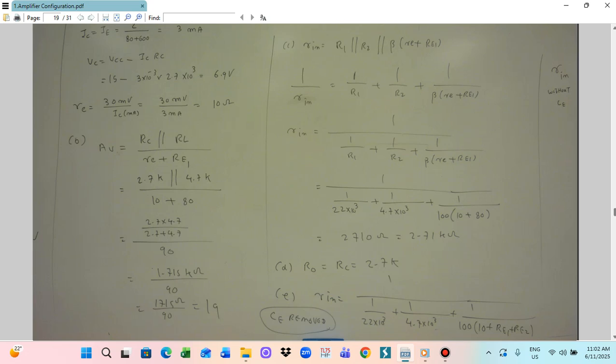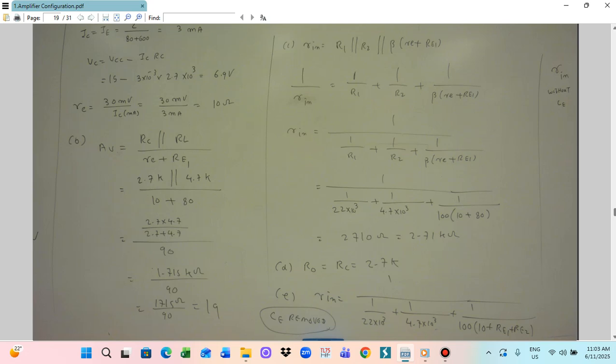We can use the equation 1 by Rin equal to 1 by R1 plus 1 by R2 plus 1 by beta into (re plus RE1). Therefore Rin is equal to 1 divided by (1 by R1 plus 1 by R2 plus 1 by beta into (re plus RE1)).